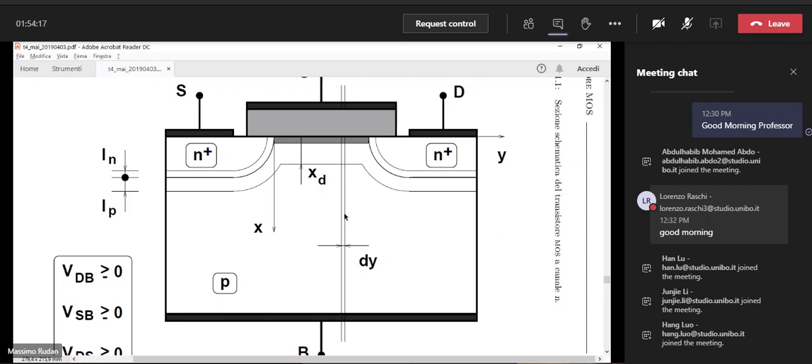So the approximations that we take, one is obvious. Since the channel has a strong inversion condition, we consider that we have an inverted layer followed by a depleted region. Okay, so the approximation is that in the depleted region we assume full depletion, and then we assume the so-called ASCE approximation.